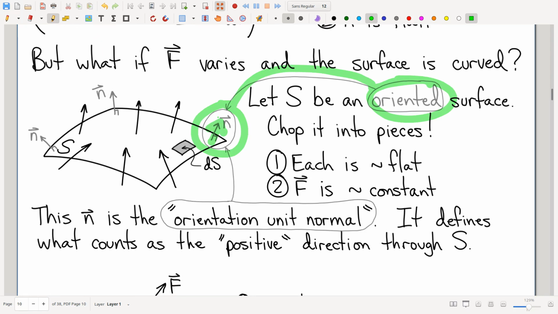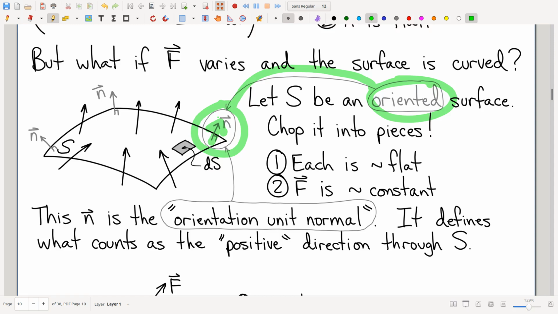It's just different if fluid is flowing upward through a surface than if it's flowing downward through a surface, right? So one is obviously the negative of the other. So if you're going to calculate, then you have to decide, well, I have these two different directions through a surface. They are negatives of each other, but which one is intrinsically the one I'm going to call positive? And so that's this idea of an orientation.